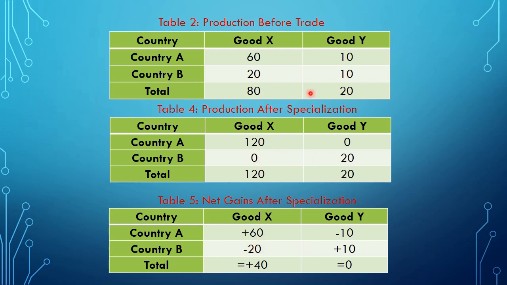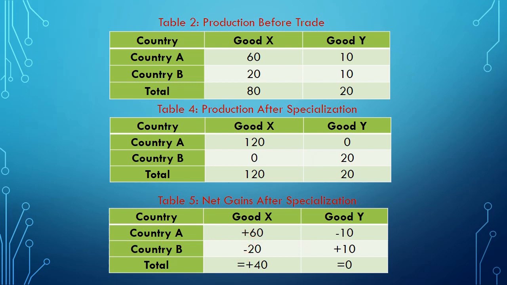The same thing here: before this, country B produced only 10. Now it will increase its production to 20, so it will increase by 10. That's why I put positive 10, because it increases. This one is negative 10 because it decreases. The same thing here: this is positive, meaning it will increase, and this will decrease.